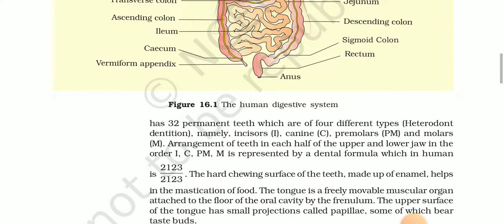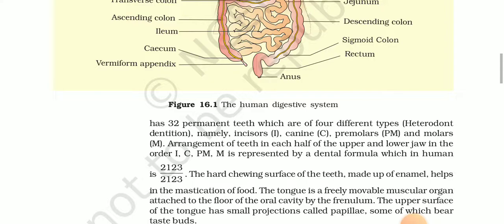So the arrangement of these teeth in each half of the upper and lower jaw is represented by a dental formula in the order of I, C, P, M, M as 2, 1, 2, 3. 2 incisors, 1 canine, 2 premolars and 3 molars.